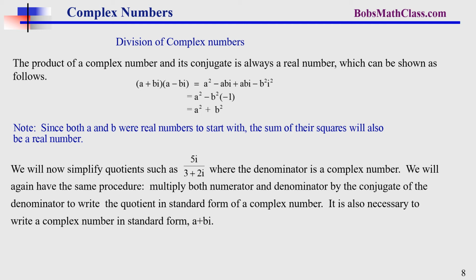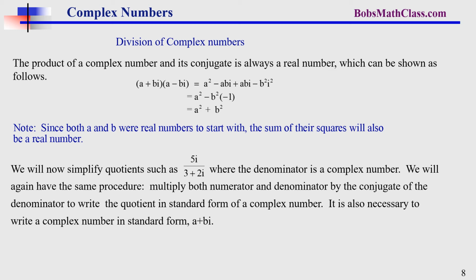If we had a denominator of 3 plus square root 5, we would multiply by the conjugate 3 minus square root 5. Well, we're going to do the same thing, because think of it, i is actually a radical. It's the square root of negative 1.